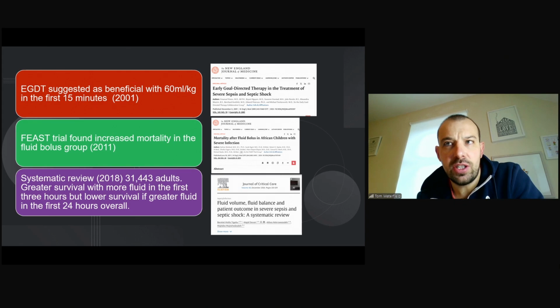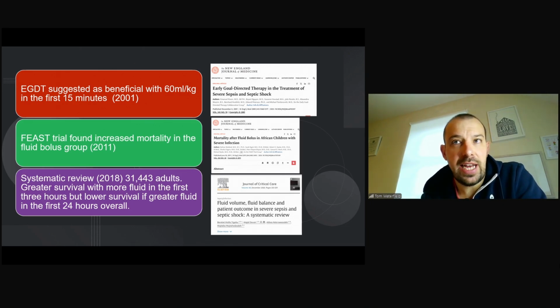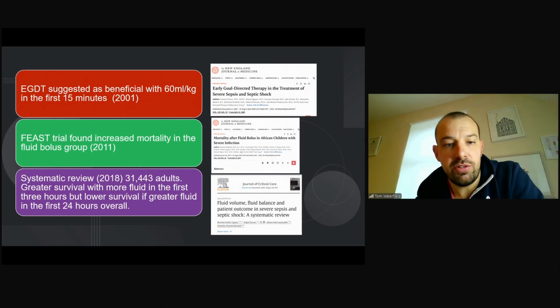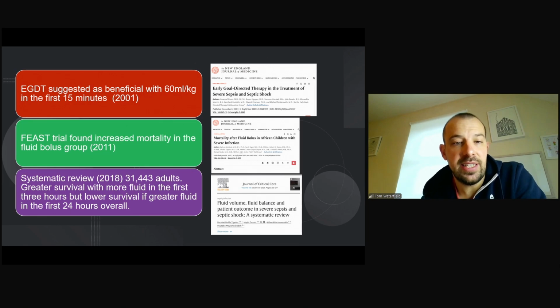They got 20 or 40 mils, and different fluids, and it had to be stopped because there was increased mortality in the fluid bolus group. It's probably worth noting that very few of those actually had sepsis. There was lots of malnutrition, lots of malaria, lots of anemic children, and no access to ICU. But it was enough to cast some doubt over whether using fluids without thought was a good idea.